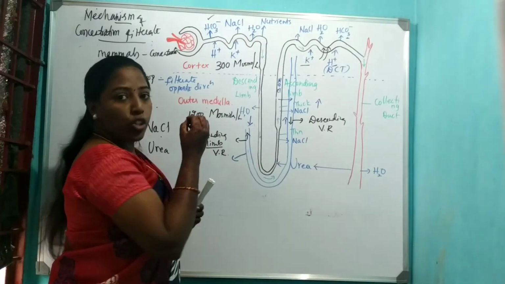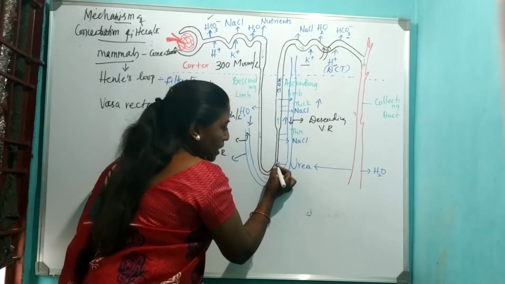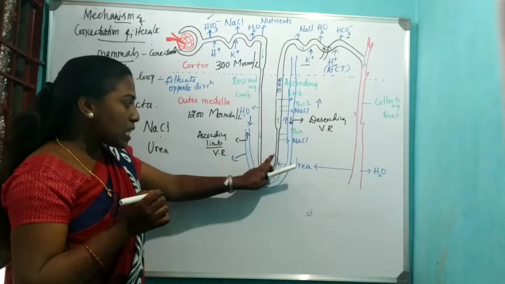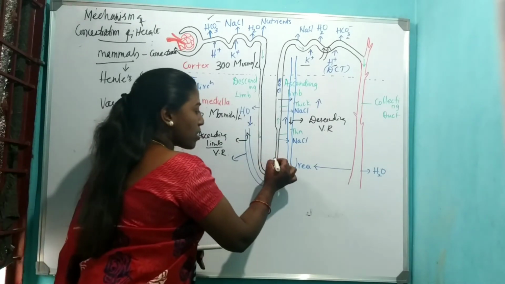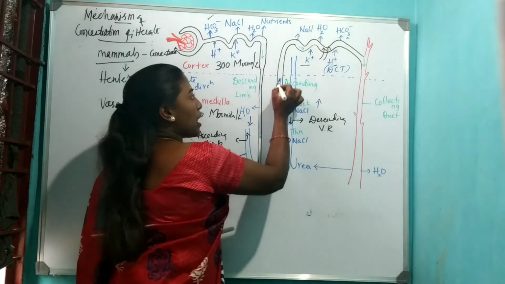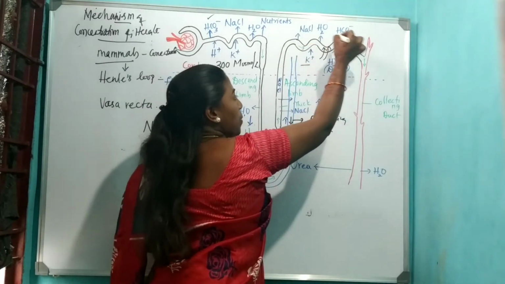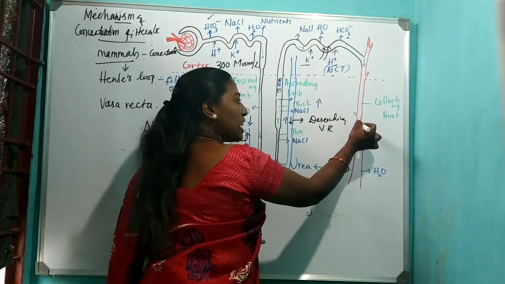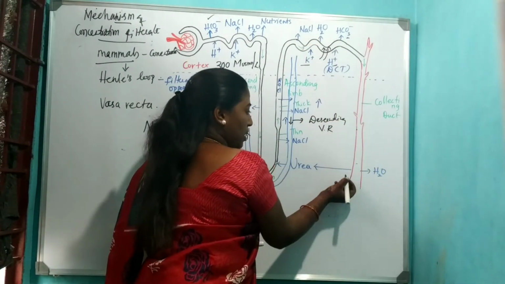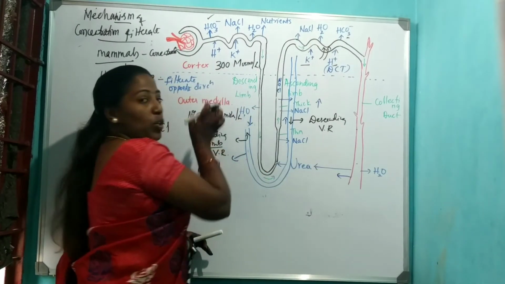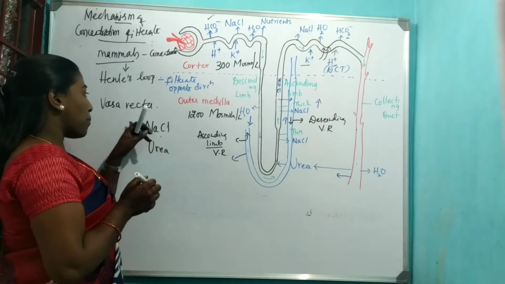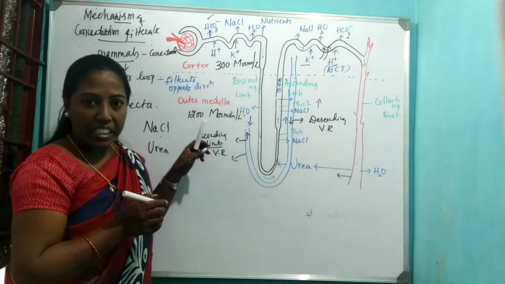A small amount of urea enters the thin segment of the ascending limb. This urea, along with the filtrate, flows into the DCT, then into the collecting duct. From the collecting duct, the urea is released back into the medulla region, which helps in maintaining high osmolarity.